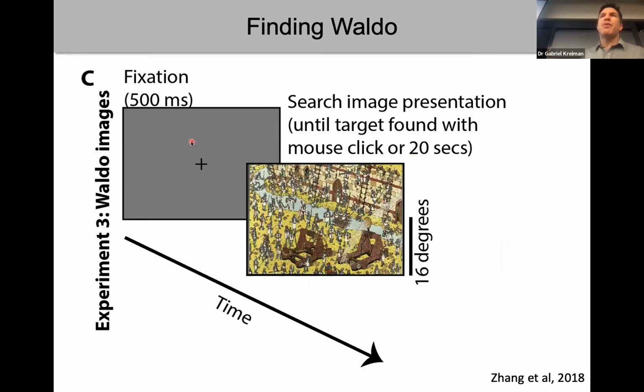And finally, just for fun, we did Waldo search with the computational model. In addition to the fact that this was a torture to human participants, but fun for us to see, the other reason we wanted to do that is because we're absolutely sure that in the pre-trained system, that is in the models that were trained with ImageNet, there's nothing really like Waldo. Waldo is not in ImageNet.